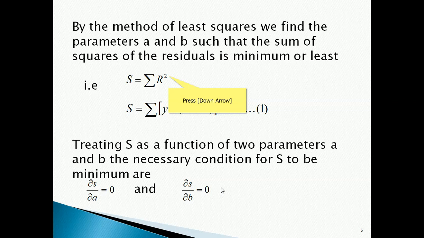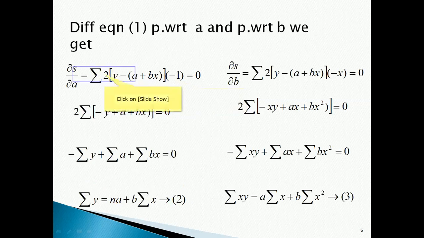You studied how to find the minimum or maximum values of a function of two variables in the first semester. Now differentiate equation 1 partially with respect to a and partially with respect to b. While differentiating with respect to a, we must treat the remaining variables as constants, meaning x and y are constants.